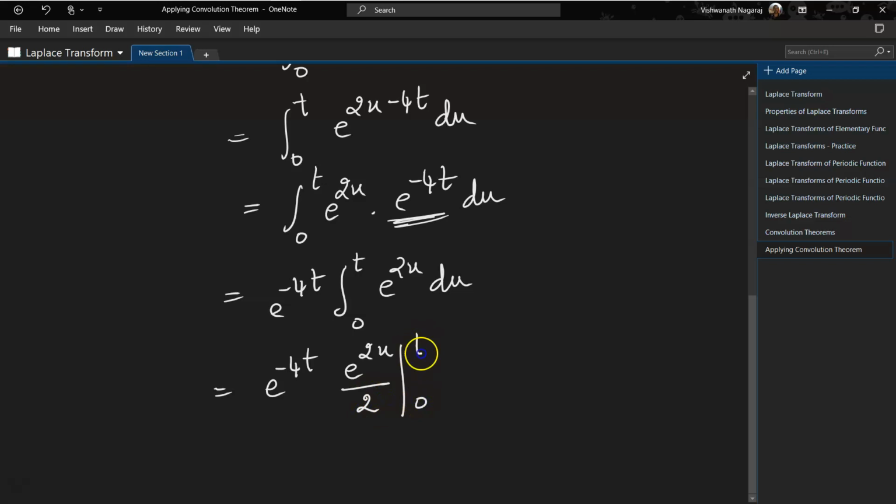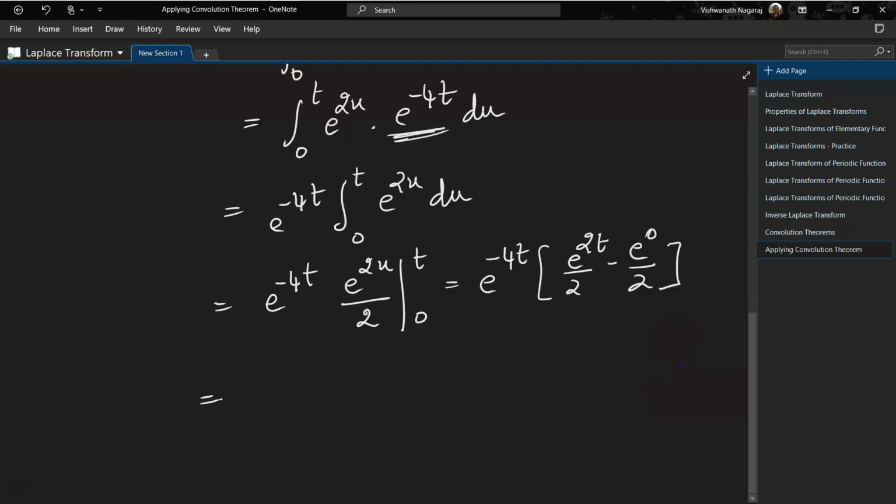Integral from 0 to t, which is equal to e to the power of minus 4t. Remember, this is outside the integral, and this would be e to the power of 2t by 2 minus e to the power of 0 by 2, which gives us e to the power of minus 4t times (e to the power of 2t by 2 minus 1 by 2).